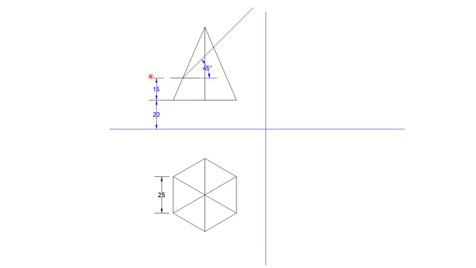So measure 15 millimeters, and at 15 millimeters, then we can measure 45 degrees, which will give us the truncation. Everything should be in construction lines.